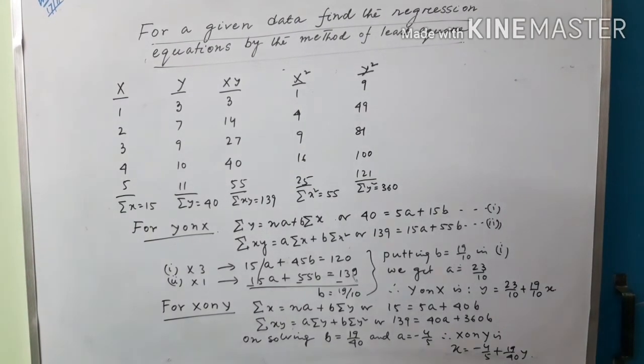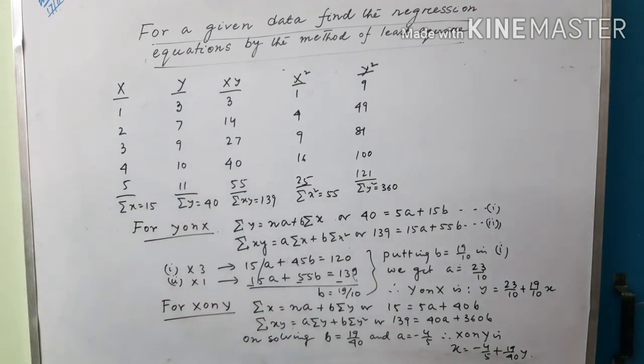Now we are taking an example which is solved by using the two normal equations whose derivation we have already seen.